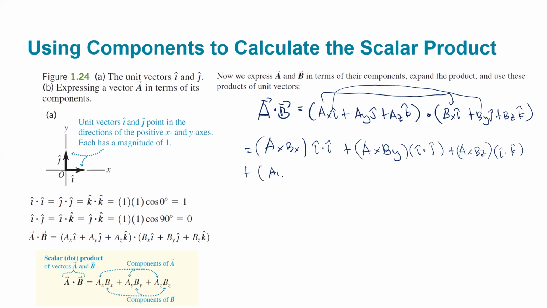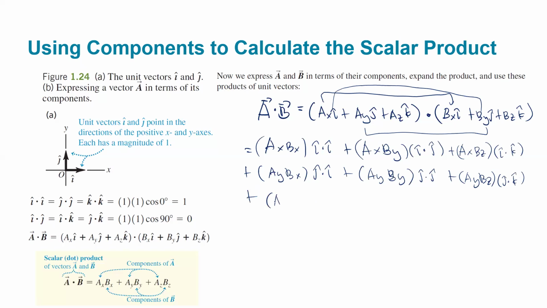Plus AY BX, j hat dot i hat, plus AY BY, j hat dot j hat, plus AY BZ, j hat dot k hat. Okay. Plus again AZ BX, k hat dot i hat, plus AZ BY, k hat dot j hat.